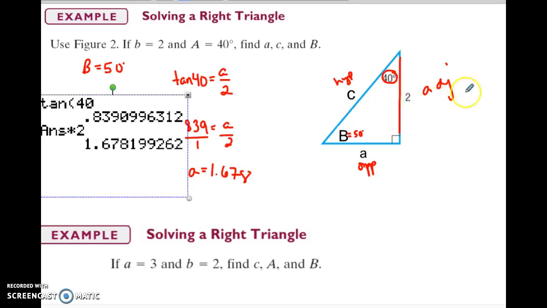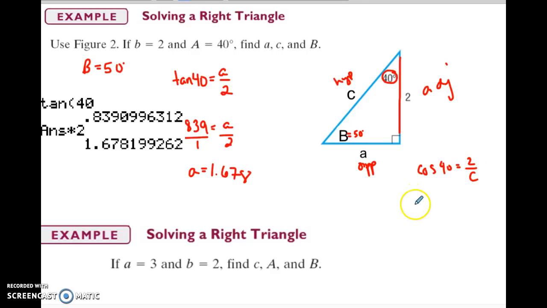All right, now for C. So for side C, I can either use the Pythagorean theorem or just use trig again. So if I want to use trig, since again I knew that adjacent side and I need to know the hypotenuse, you probably would say cosine of 40 equals 2 over C. And so I'm going to do the same thing. Remember, cosine of 40 is just some ugly number. So we actually have C times that ugly decimal of cosine 40 equals 2 when I cross multiply.